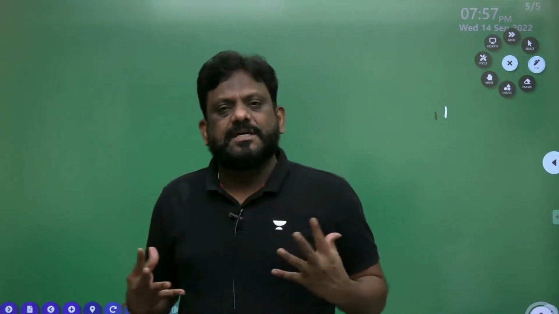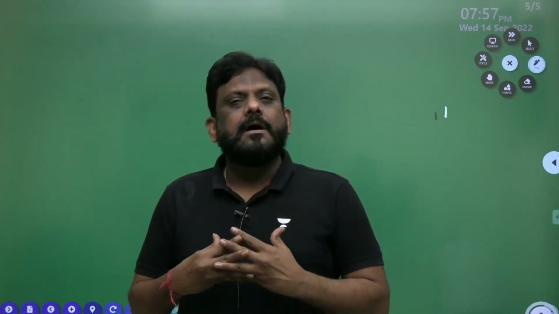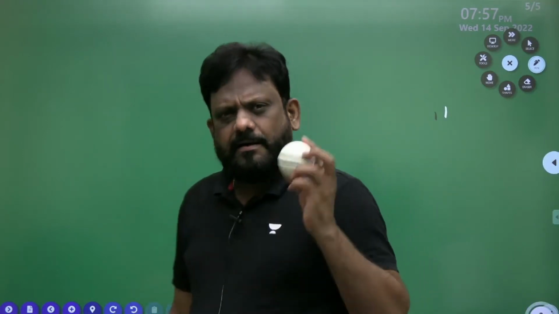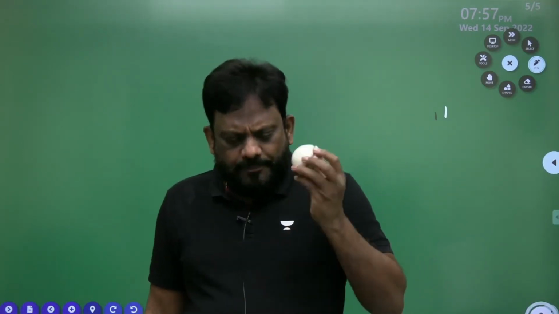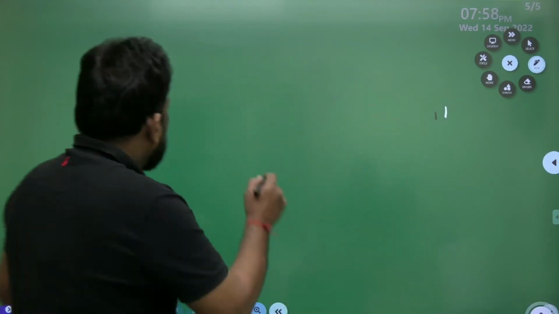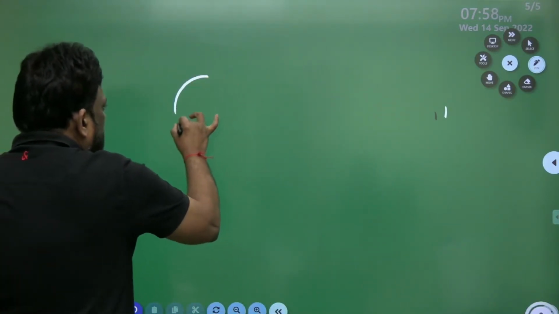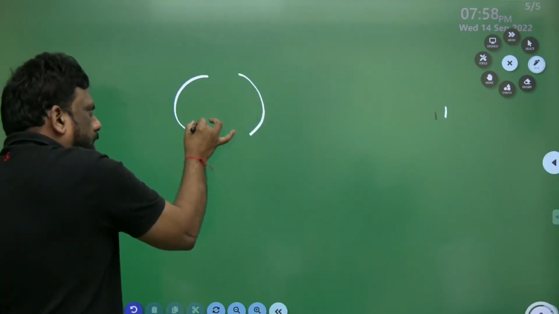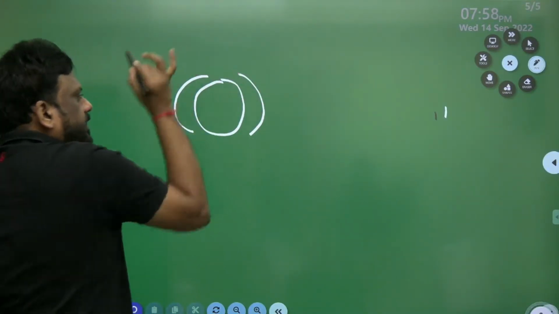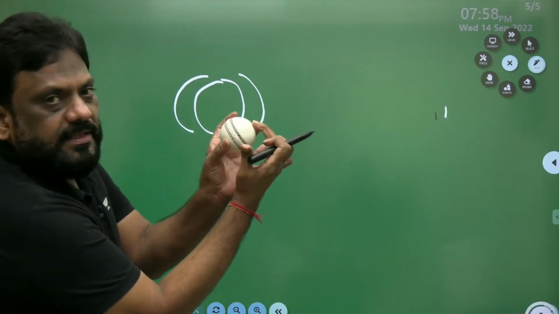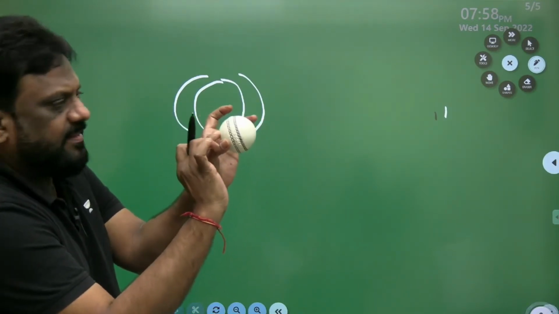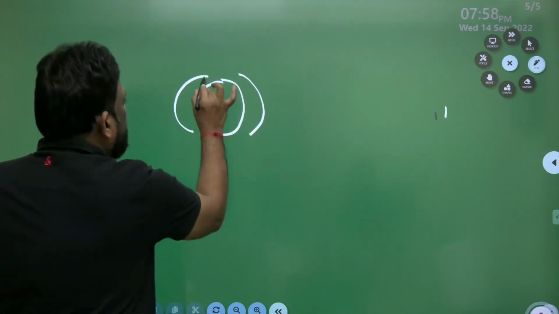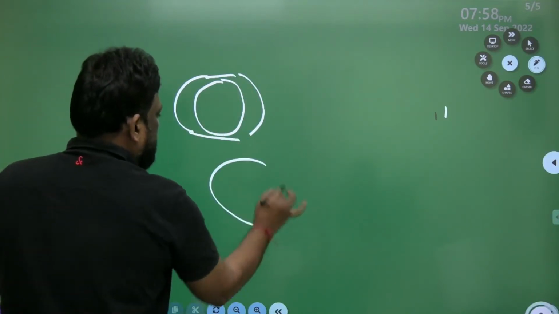So now let us discuss what exactly is the swinging of a ball. Let us take a cricket ball. You know, it is made up of two leather surfaces, and in that we have cork. So this is one leather side, this is the other symmetric leather side, and then inside there is a cork, and it is stitched like this.